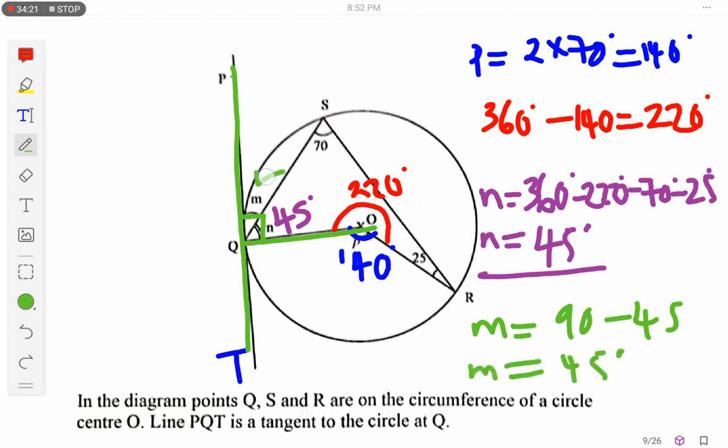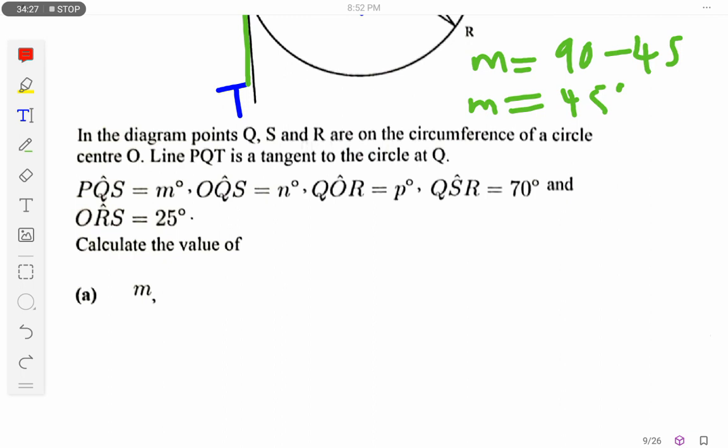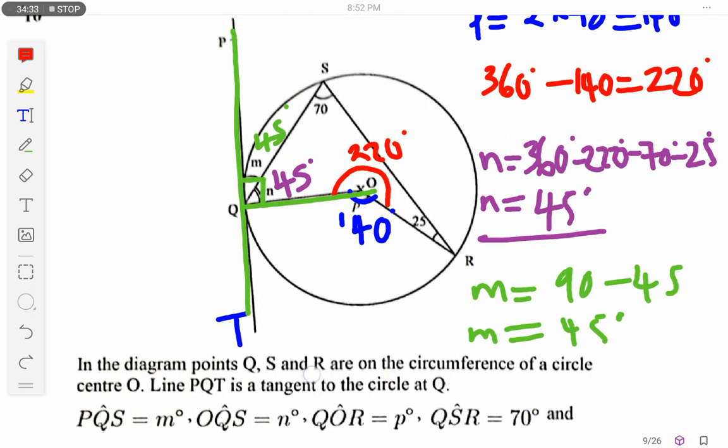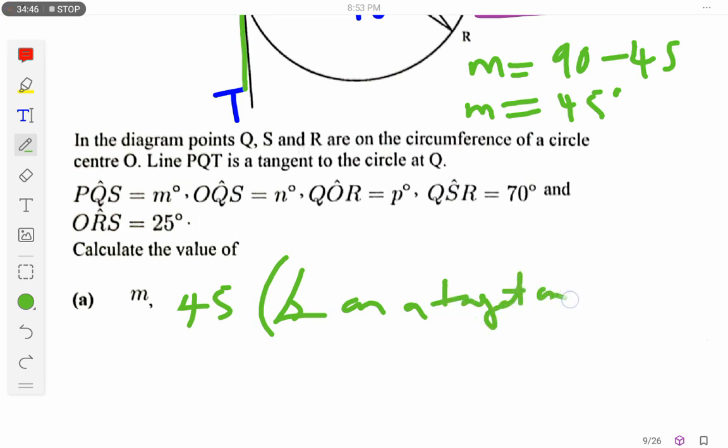Now let's go and answer the questions. Find m. Our m value is equal to 45 here. We said our m is 45. If you want to write the reason, you can say it's the angle between a tangent and radius.